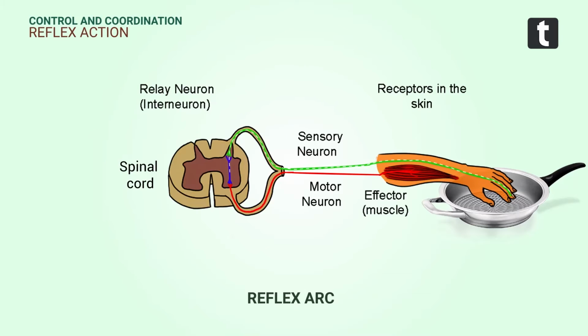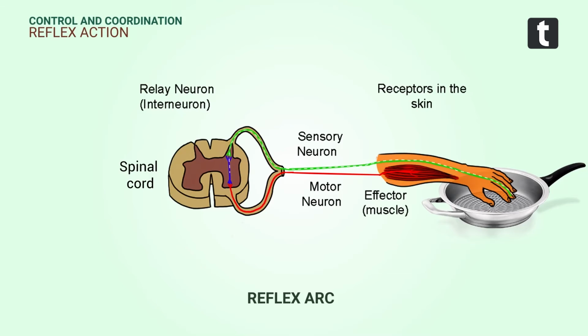The sensory neurons will be responsible for transmitting this sensation in the form of an electrical or nervous impulse all along the length of the neurons which are present in the pathway of the sensory nerves. Once this is passed, it will ultimately reach the spinal cord. Remember, the spinal cord is responsible for carrying out the reflex action.